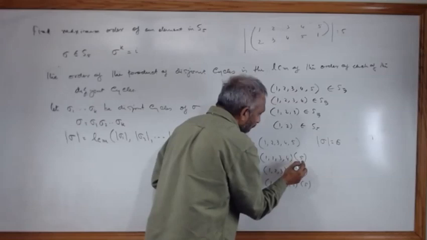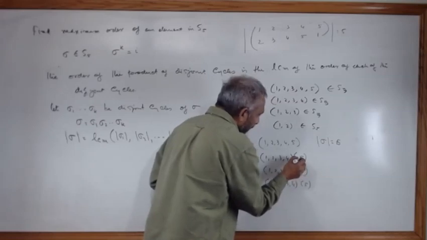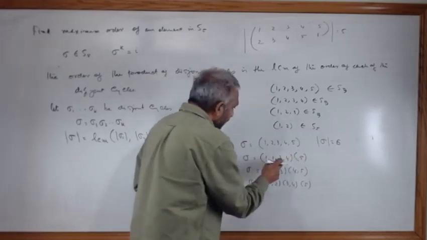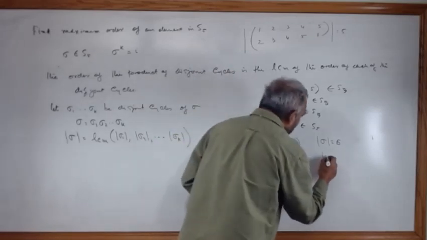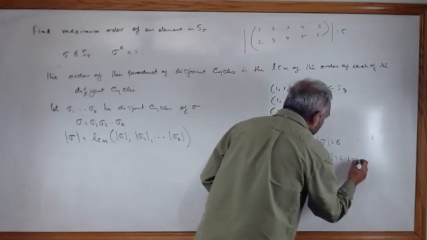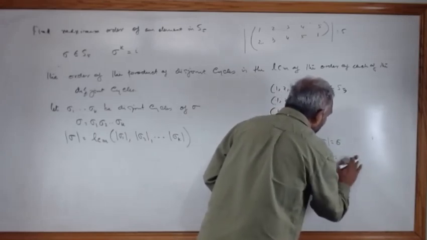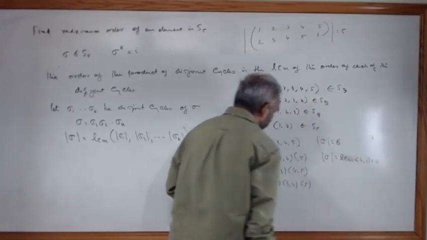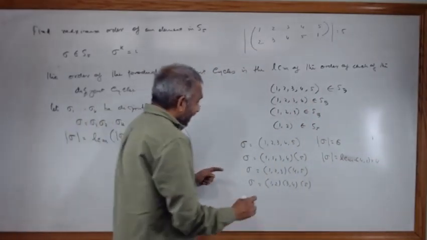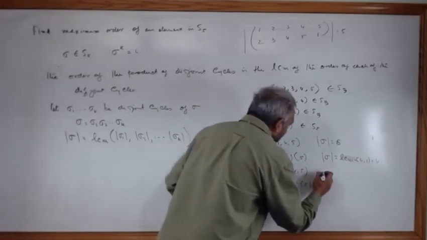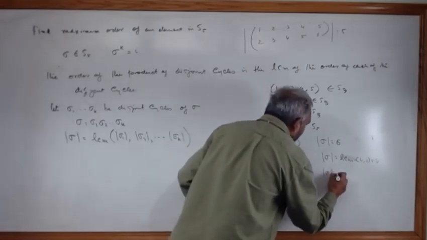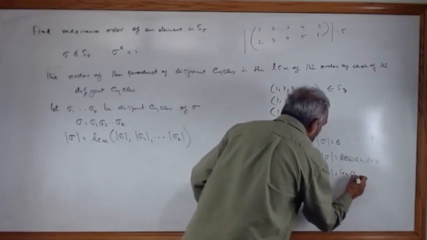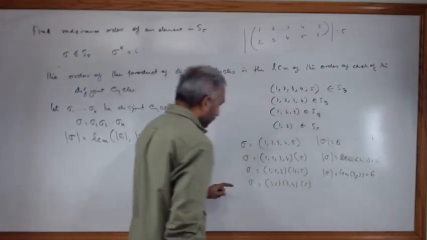Here this is always 1. Whenever there is a singleton orbit, it is always 1. And here this will be 4 times 1, actually the LCM of 4 and 1, and is equal to 4. Here it will be the LCM of 3 and 2, and that is 6.